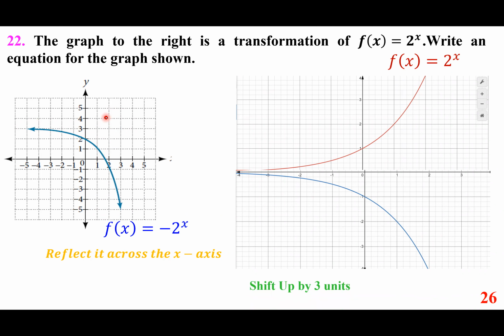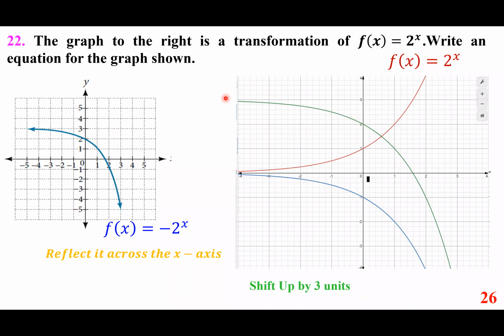So if we shift it up by 3 units, goes up like that, we draw the horizontal asymptote y equals 3. On this one, it looks like that. And the function is f of x equals the same thing plus 3. And that's the final answer: minus 2 to the power of x plus 3.